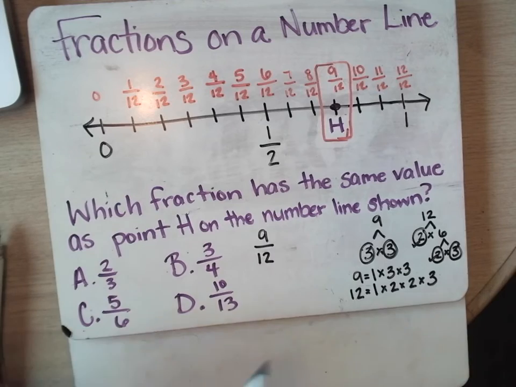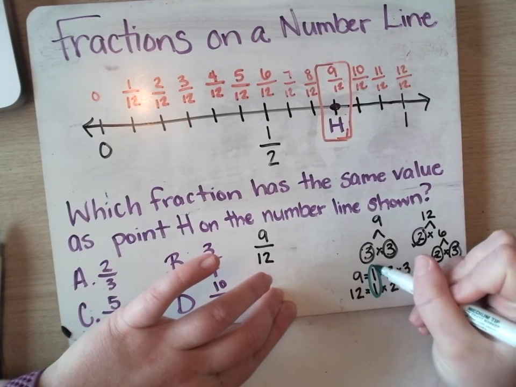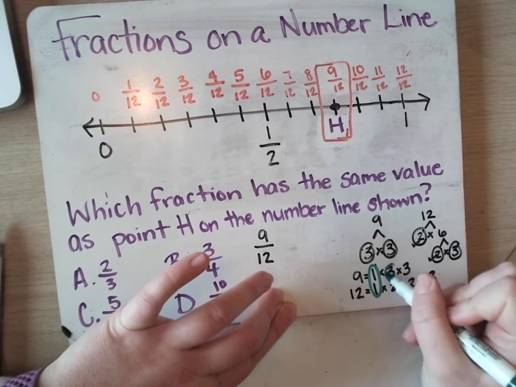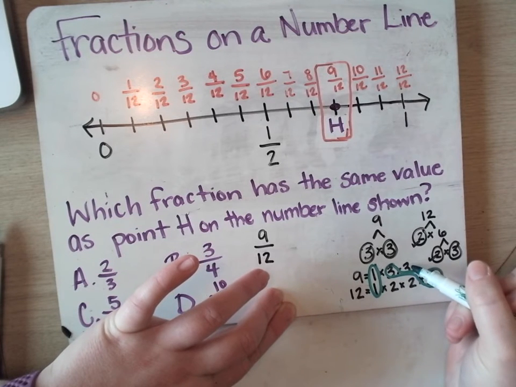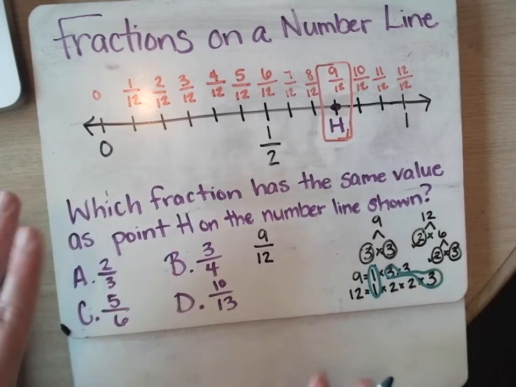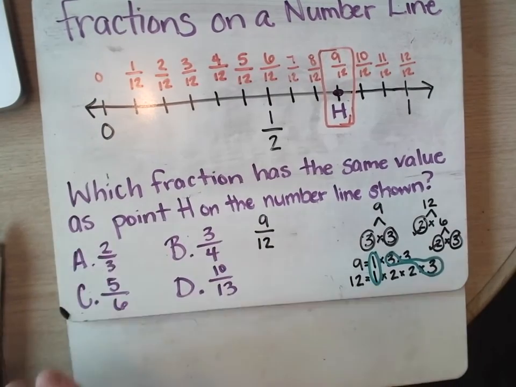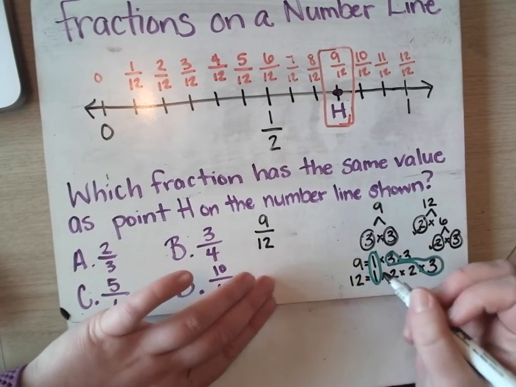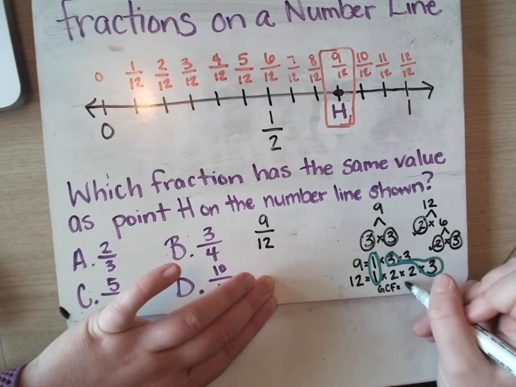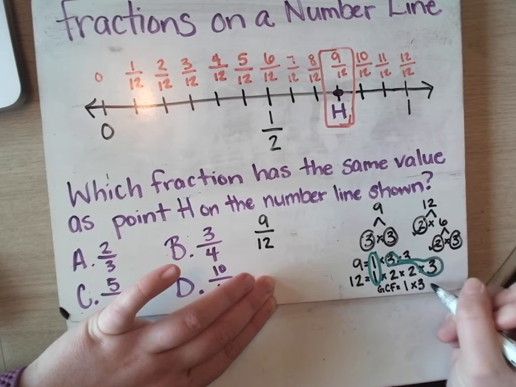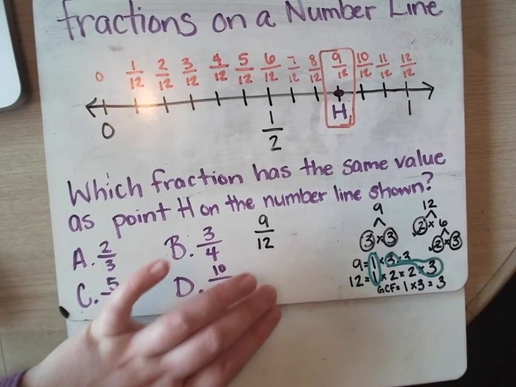What do they share? So I have a pair of 1s and a pair of 3s. I don't have another 3 for this one, and I don't have a pair of 2s. So now, remember, I just pull out 1 from each pair. So my GCF equals 1 times 3, so it equals 3.